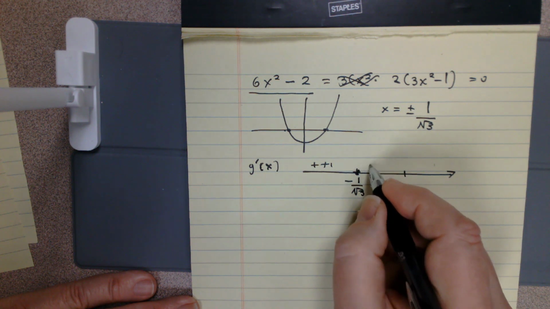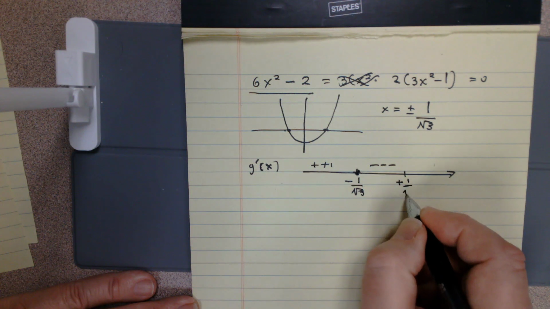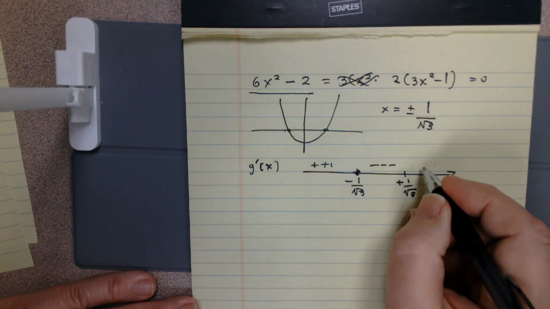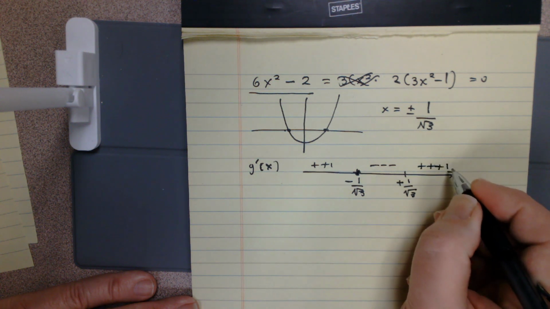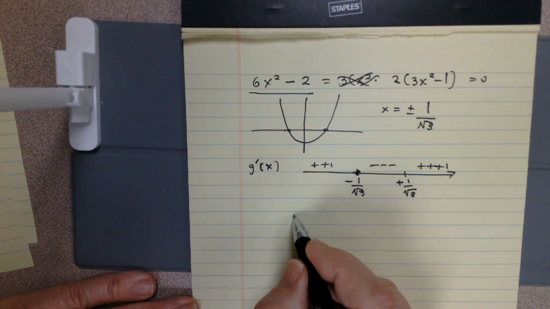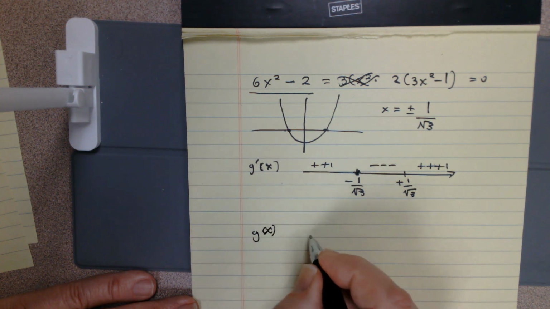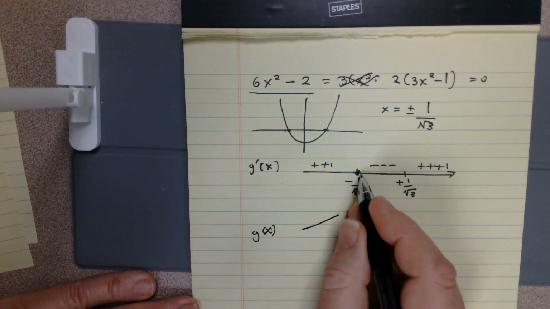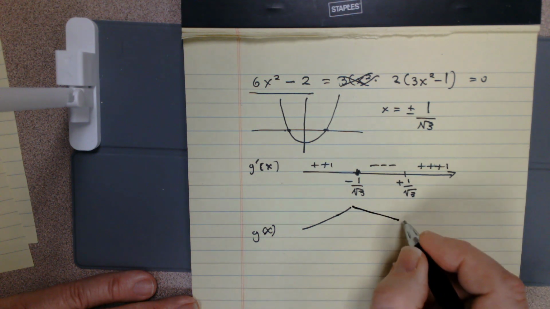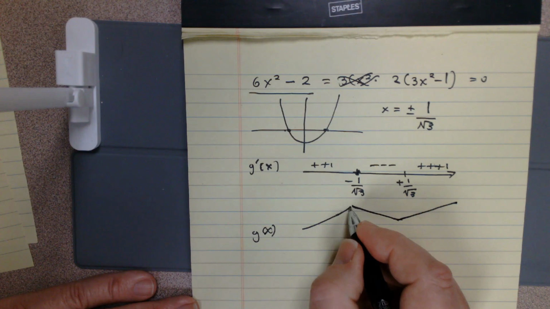It will be negative between negative 1 over the square root of 3 and positive 1 over the square root of 3, and then it will be positive thereafter. So my function g of x is increasing until it gets to that point, decreases between, and then increases again.